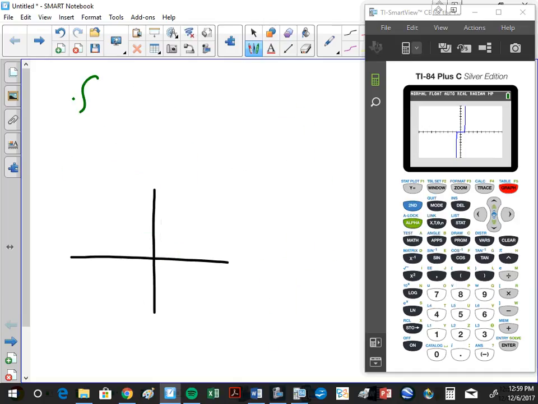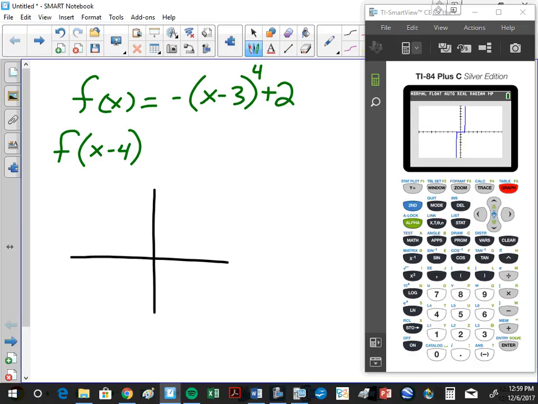All right. f of x is negative x minus 3 to the 4th plus 2. And I want to graph f of x minus 4 minus 5. So my top graph says right 3, and my bottom says right 4.